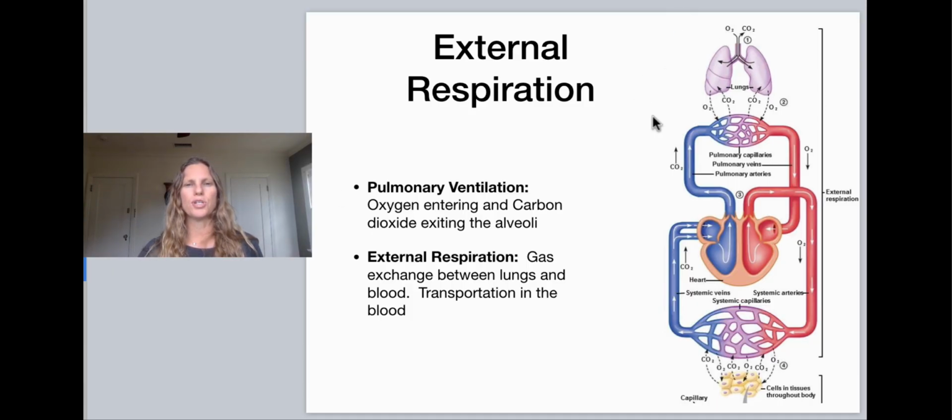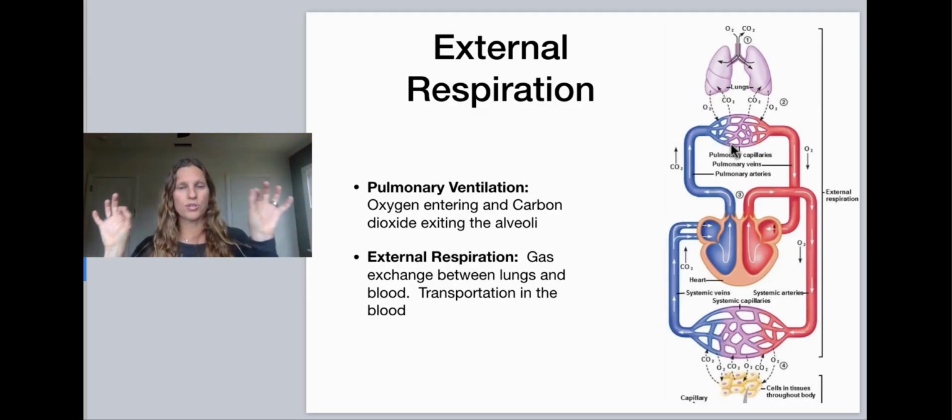If you look at our picture here, the picture is a little misleading because it looks like the lungs and this capillary bed are separate. But in reality, every single alveolus in your lungs, all those little air sacs, is wrapped with a capillary bed. These pulmonary capillaries wrap each and every single one of your alveoli, and I'll show you a picture of that in a moment.